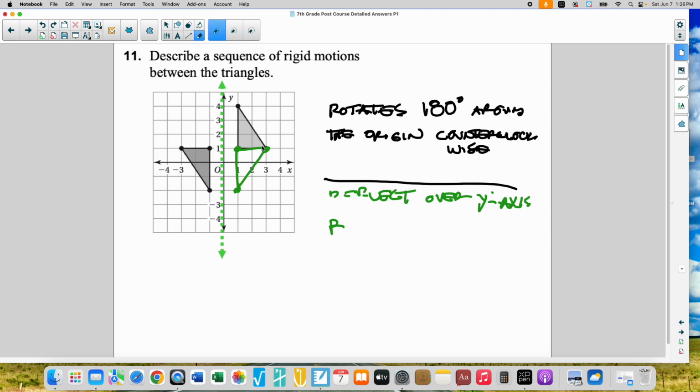But you would flip it over this line right here. So then you'd have a reflection. I don't know if you could say this, a reflection over y = 1. You would reflect it over that. So maybe reflect it over y-axis, then reflect it over y = 1. I like that. That might pass.